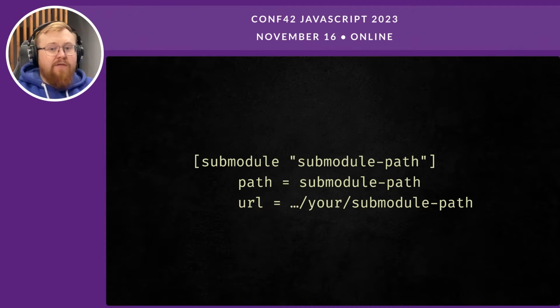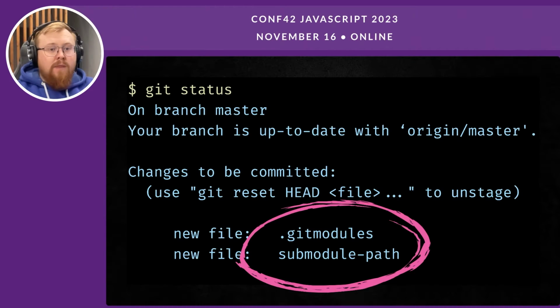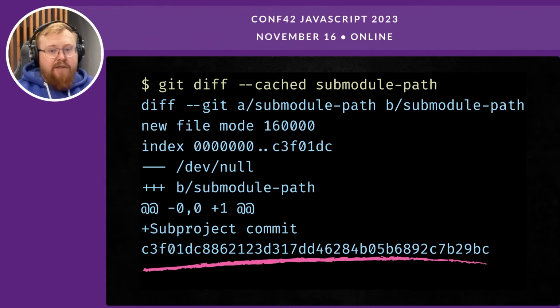The config file itself is very simple. It contains the name of the submodule, the path where the submodule is placed in the application, and the URL where that submodule is fetched from. The second file, or more accurately, a symbolic link, is the submodule itself. To confirm that it's a reference to our commit, you can execute the command git diff and see the output that says it is a hash.